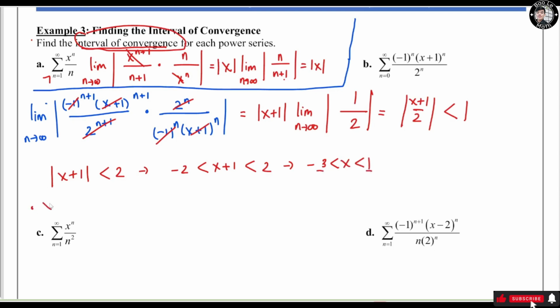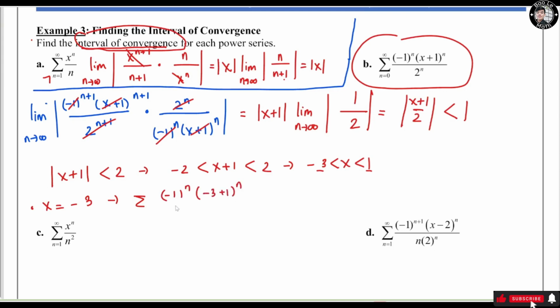So first case, s equals negative 3. Substitute negative 3 for s back into the original series right here. So you're going to end up with the series of negative 1 raised to the n times negative 3 plus 1 raised to the n over 2 raised to the n, when n goes from 0 to infinity. This is the same thing as negative 1 raised to the n.